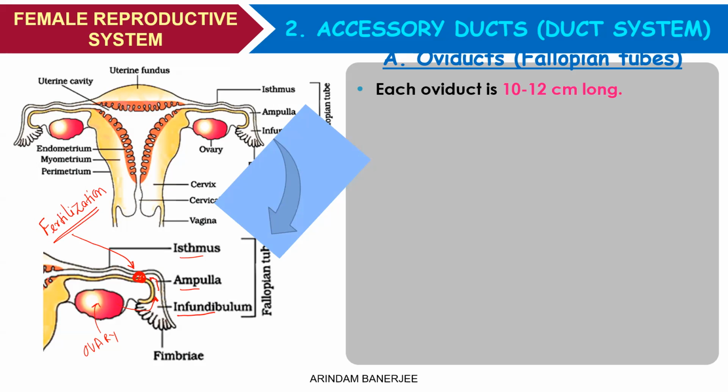In the ampullary isthmic junction, that means the sperm has to travel a certain distance. The sperm has to travel that way, either on this side or to this side, either of the two sides.